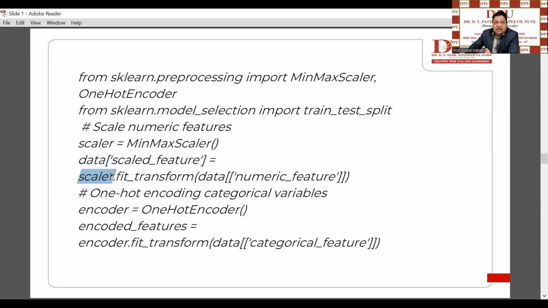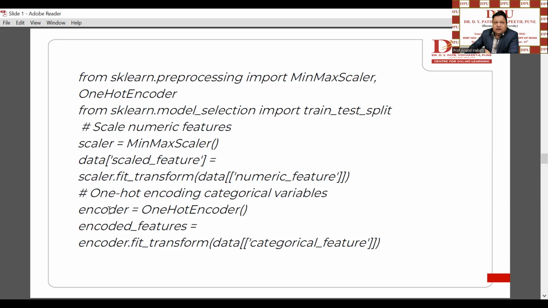Here the scalar is the object of MinMaxScaler. By using the scalar, I am standardizing my data set. Means what? I'm bringing the numerical values into the same scale, isn't it?